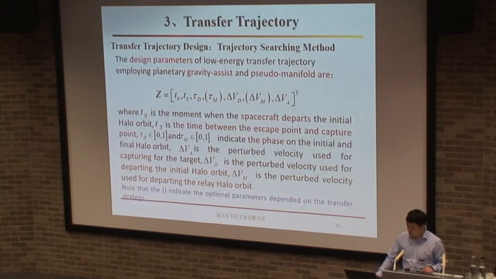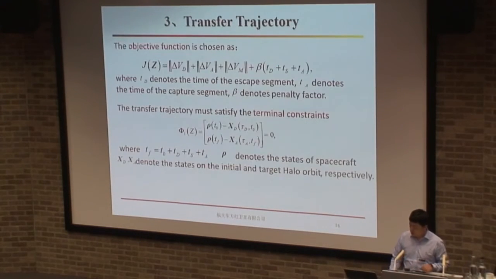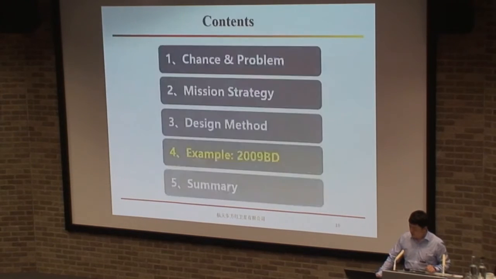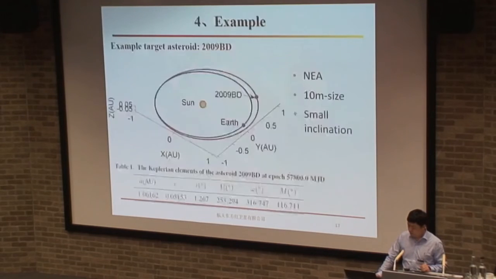This some model. We use the planetary gravity-assists and asteroid. And this objective function. So using this base, we do an example and test our idea is available.